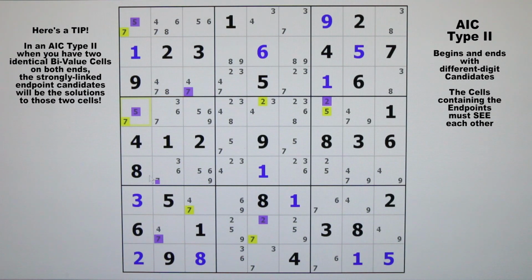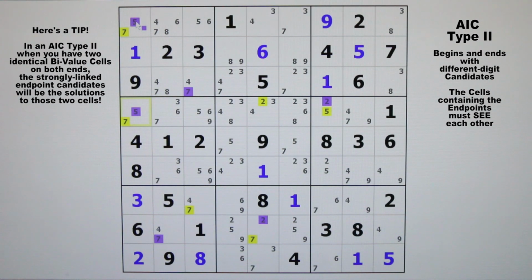So what we have here is another case where we're going to take a look at this starting point 5. Don't forget this was the starting point, and this yellow 7 down here in row 4 is our ending point. So these 2 cells see each other, 7, 5, 7, 5. It's the same logic as we had in the first example. If this 5 is true, then this 5 cannot be true because there can only be one 5 in the column.